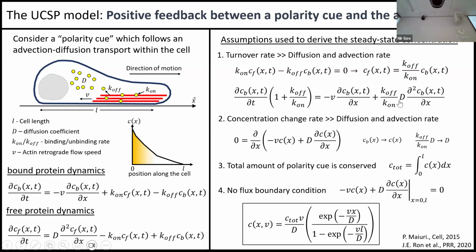I didn't say which molecule it is and what does it do, but as function of position along the length between 0 and the cell length L, you get this exponential behavior, with C tot being the total amount of this molecule integrated along the entire length, assuming that that's a constant, that's a given. There are closed boundary conditions.